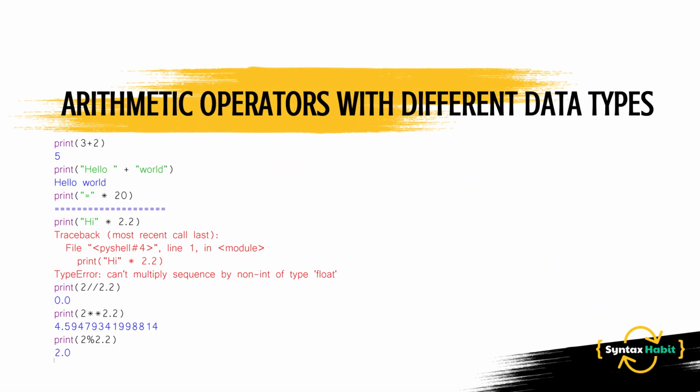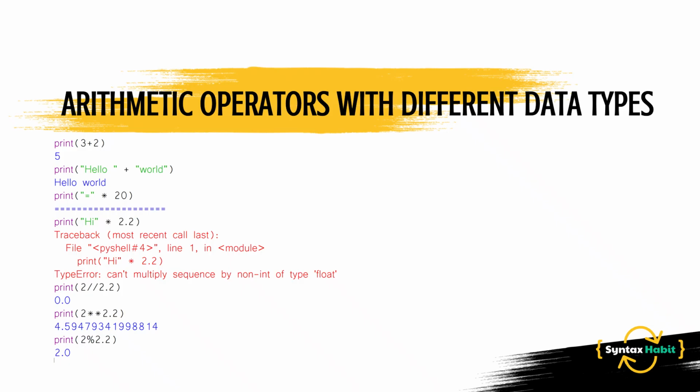Let's look at how arithmetic operators behave with the data types we've learned so far, so strings, integers, and floats. Some arithmetic operators can be used with more than one data type, but they don't always produce the same result. When you use the plus operator with integers or floats, Python performs addition.